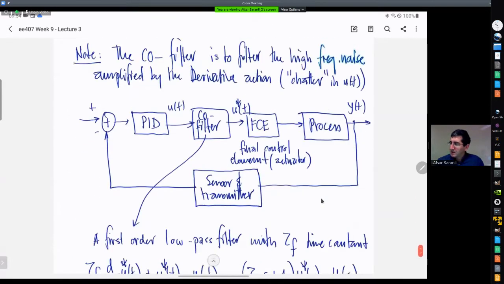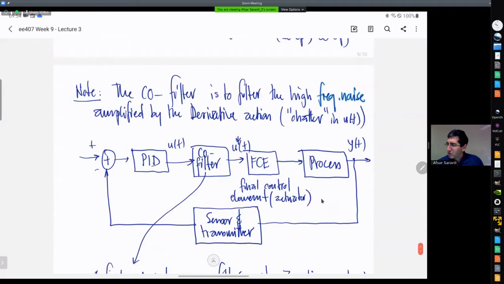We also discussed something called the controller output filter. Okay, because if you remember, we had discussed the fact that a derivative often amplifies the high frequency noise in the signals that are being differentiated. In this case, the error signal. Okay, so if a high frequency component is present in the output of the controller, that will drive the final control element or the actuator with a high frequency signal that's going to result in some kind of a jitter.